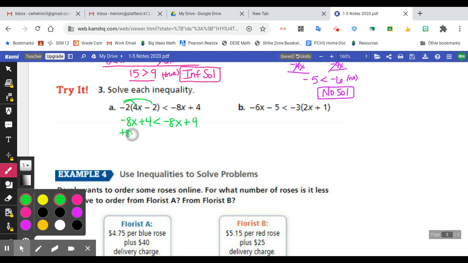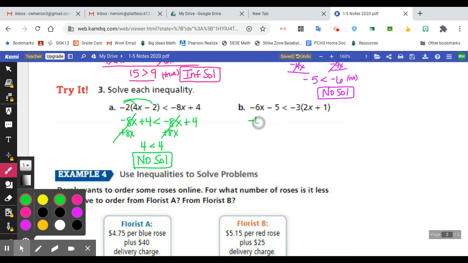Okay? If I add my 8's over, this is gone and this is gone. And this says 4 is less than 4. Well, no, it's not. 4 is the same as 4. So this is not true, which means it has no solution. Okay.